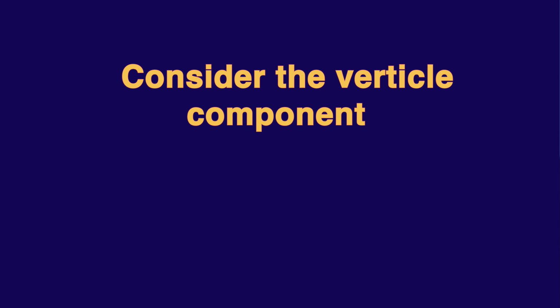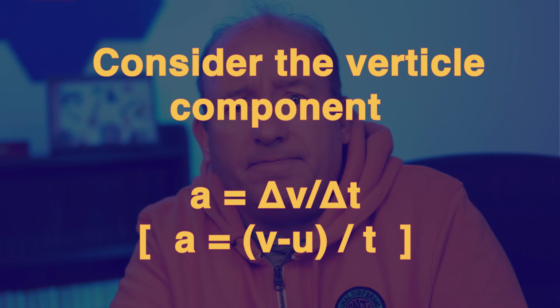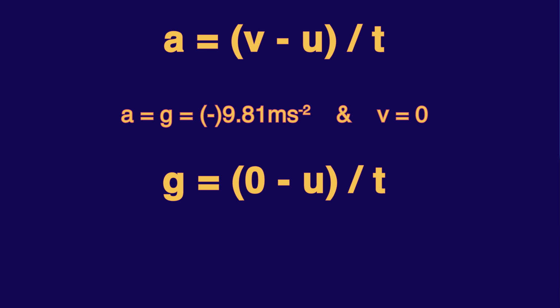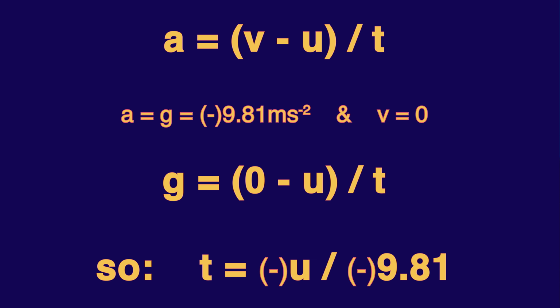A good starting point could be the equation a equals delta v over delta t, or v minus u over t. You know that the acceleration is little g. You also know that when the projectile reaches its maximum height, the velocity is momentarily 0. Therefore, minus g equals 0 minus u over t, and t is just minus u over minus 9.81, which is u over 9.81.